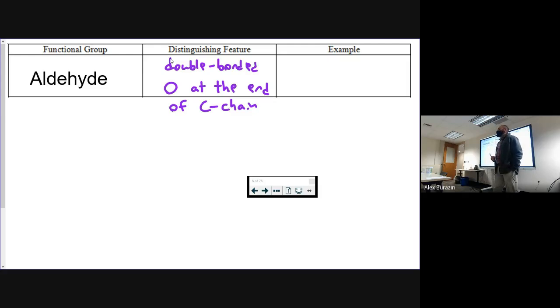Some length of carbons attached to one another. Okay. This would be called propanol. Again, don't worry too much about the name. Not yet, anyway.